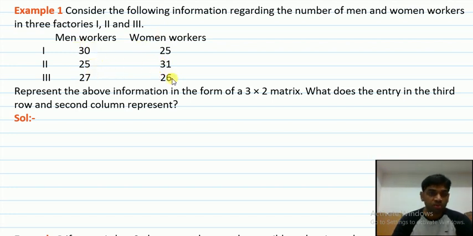We have already studied situations in which we have created a matrix, so this is again of a similar kind. We have 3 rows and 2 columns.